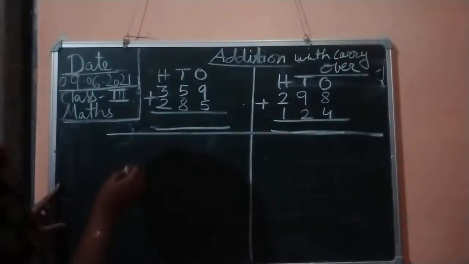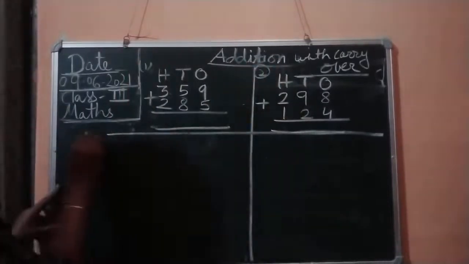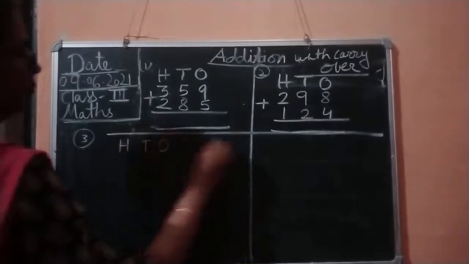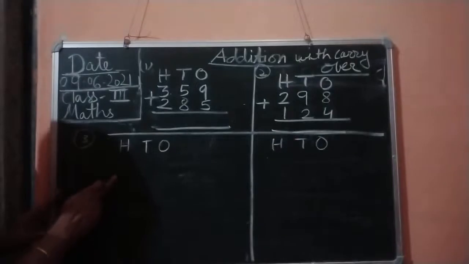Okay, now next, this is 1 number, this is 2 number, and this is 3 number. Ones, tens and hundreds.